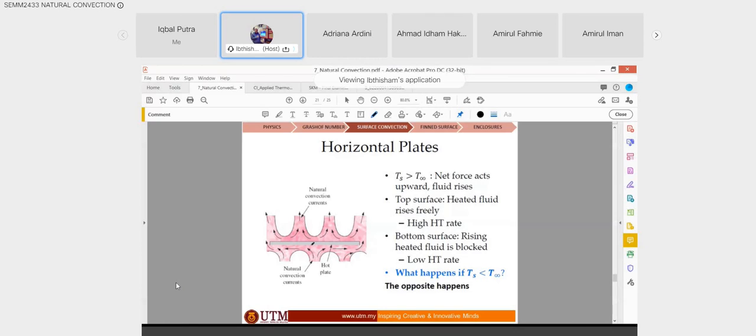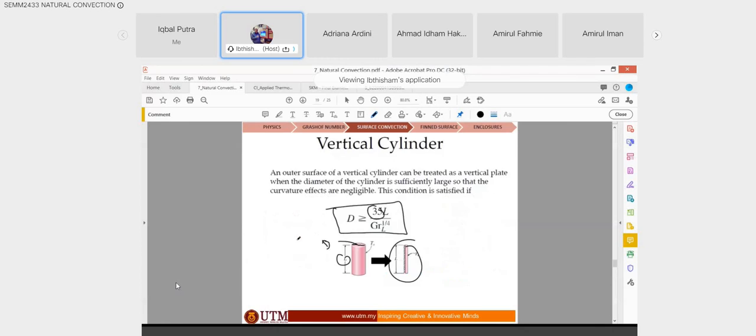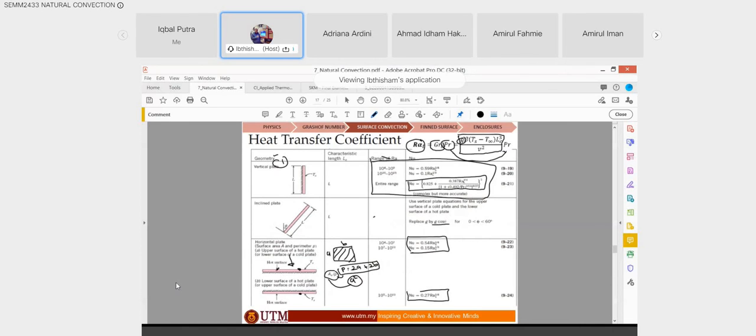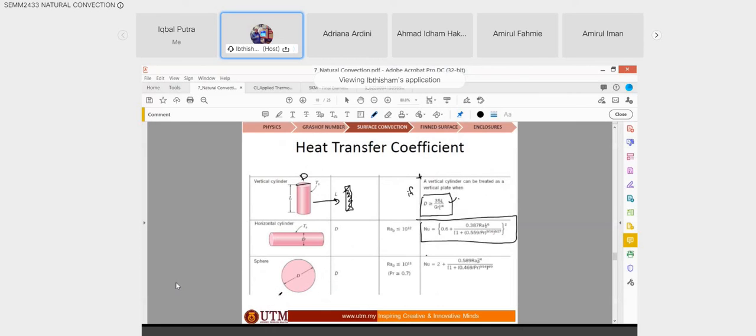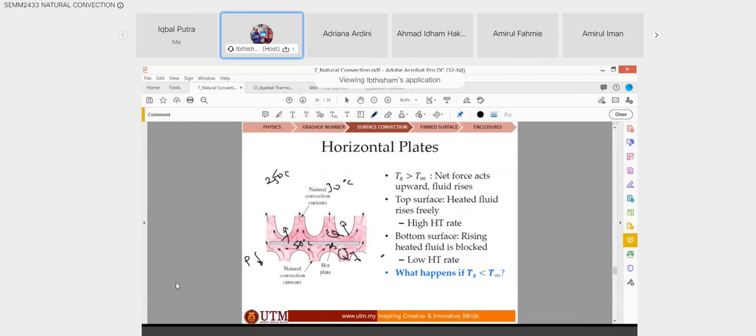So all the arrow you can turn in the reverse. Okay. But normally this is much more popular lah. Yang hot surface, yang flat plate atau hot surface daripada ambient. So this is why we have different correlation for, even though similar problem, tapi hot surface kat atas dengan hot surface kat bawah, we have different correlation because of this different heat transfer rate.